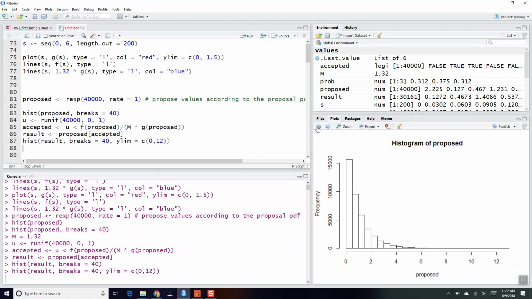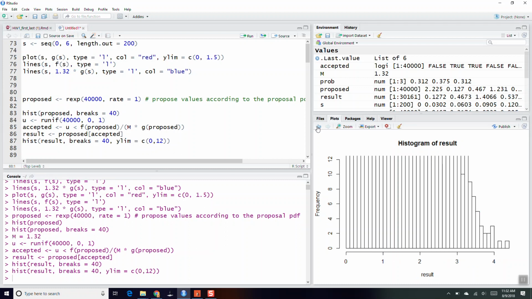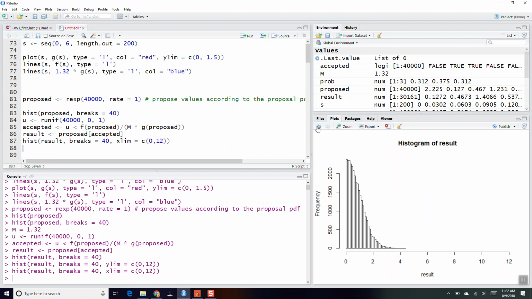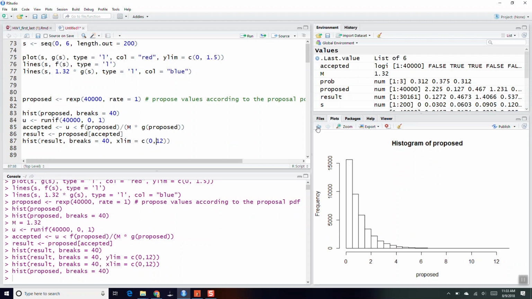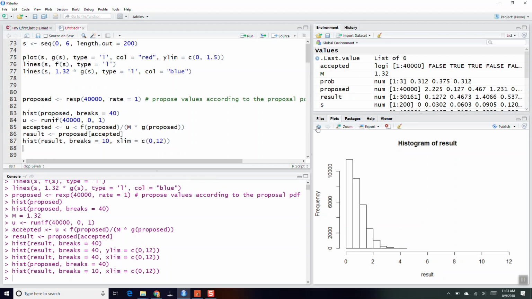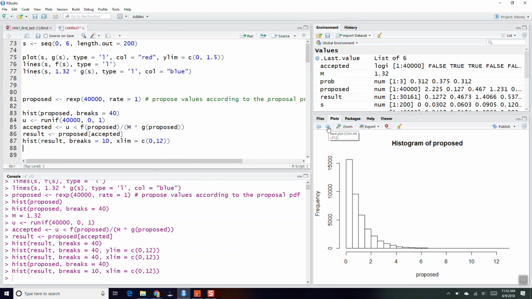If I put it on here, whoops, oh, not y limits. Breaks equals 40, x limit equals. So we have this. This is what we had. So if we looked at everything, this is all of the values we proposed.